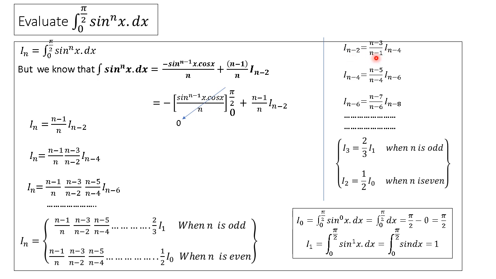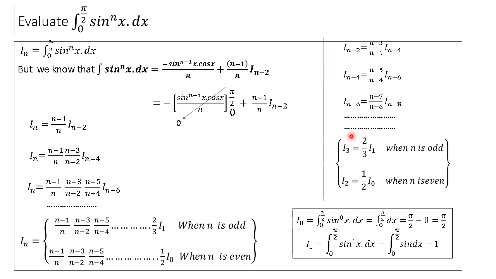To find I_(n minus 4), substitute n equal to n minus 4, then you will get (n minus 5) divided by (n minus 4) into I_(n minus 6). To find I_(n minus 6), again put n equal to n minus 6, you will get (n minus 7) divided by (n minus 6) into I_(n minus 8). For the next term, I_(n minus 8), substitute n equal to n minus 8 in this formula.